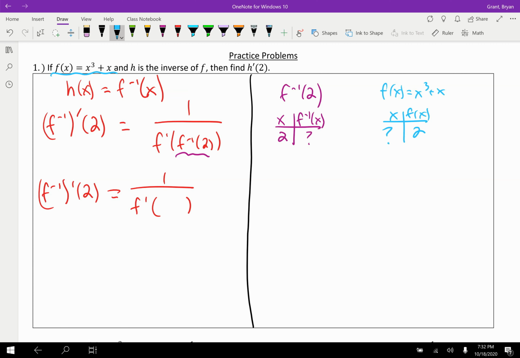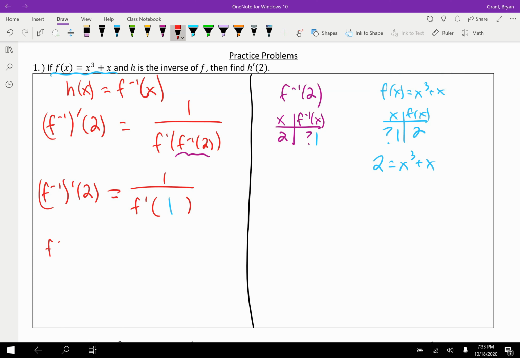Well, we need to set 2 equal to my equation and then think, what value for x will make this equal to 2? And hopefully you're yelling at the screen, it's 1, it's 1, it's 1. You're right, it is 1. And so that means that when we input 2 into the inverse, the output is 1. Easy enough. One step to go.